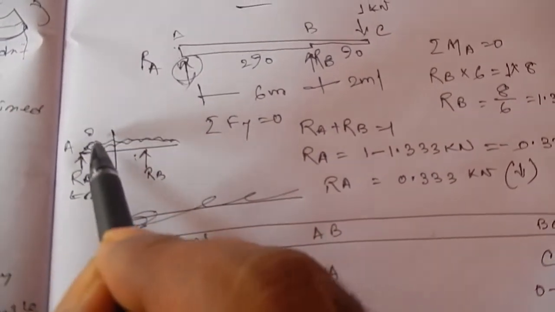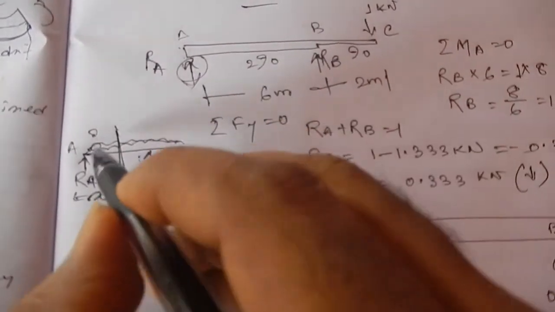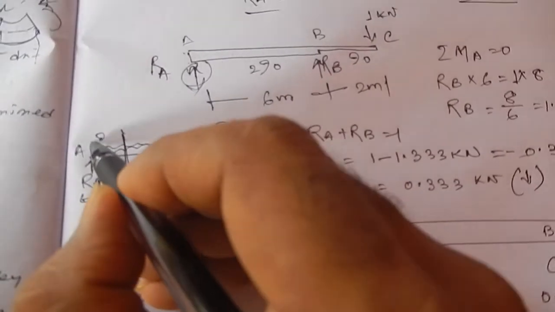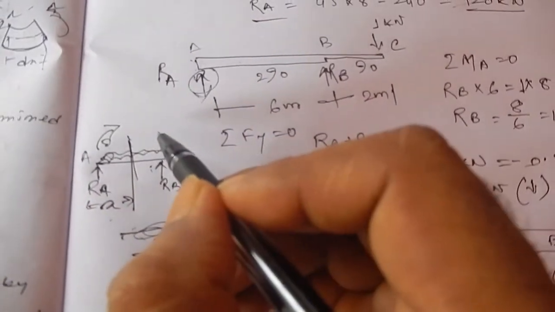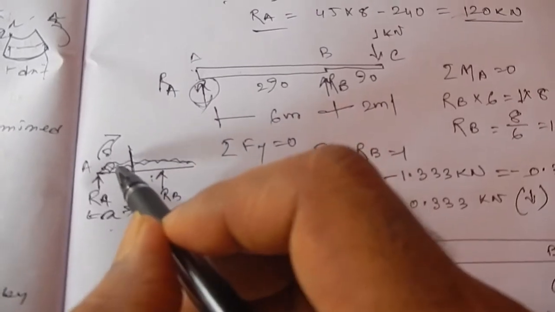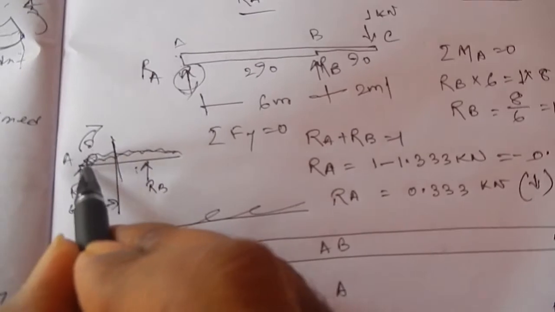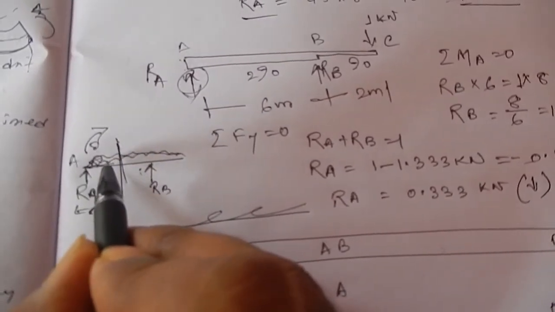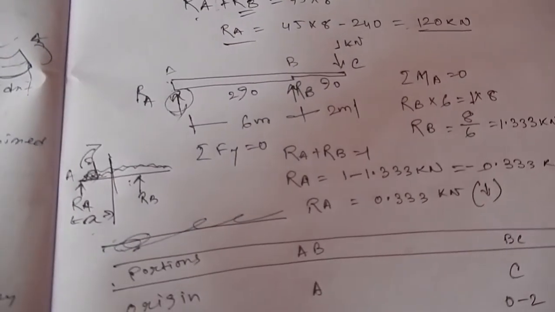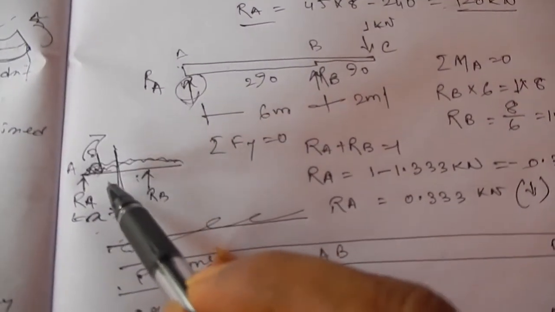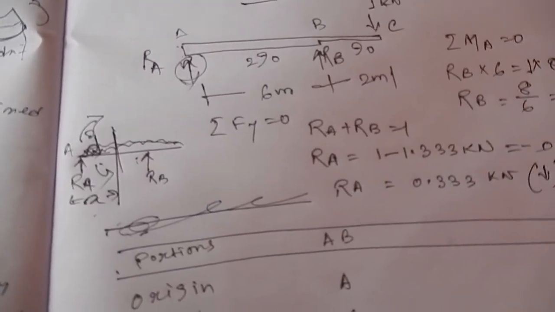So if you cut any section at x, what will be the moment over there? The moment will be Ra multiplied by distance x, that is in clockwise direction. And this load 45 multiplied by the distance x will act at the center, that is x by 2, and this will give a moment in the anti-clockwise direction.